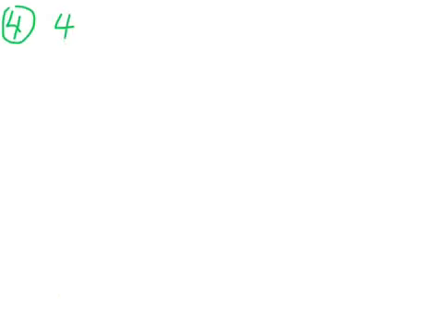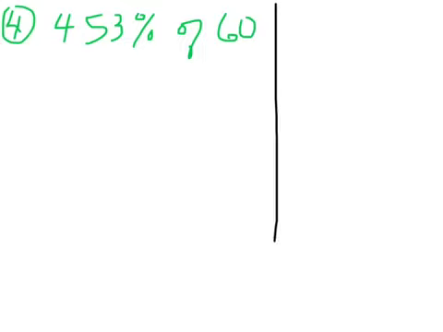Okay, so number 4 is 453% of 60. Now again, there are 2 ways to do this. I'll do it with the decimal method first. To change a percent into a decimal, let's think about this. If you get confused, I sometimes get confused, guys. 53%, we wouldn't multiply by 53.